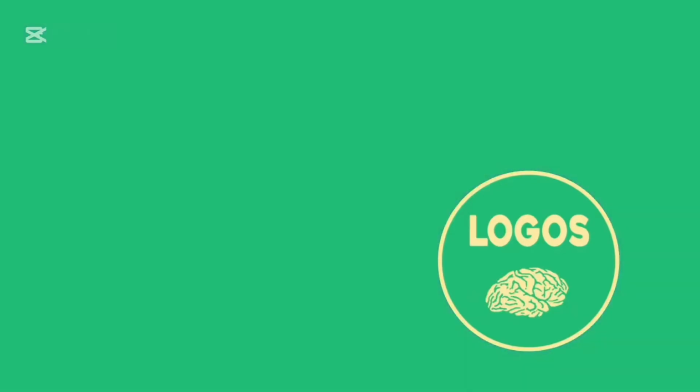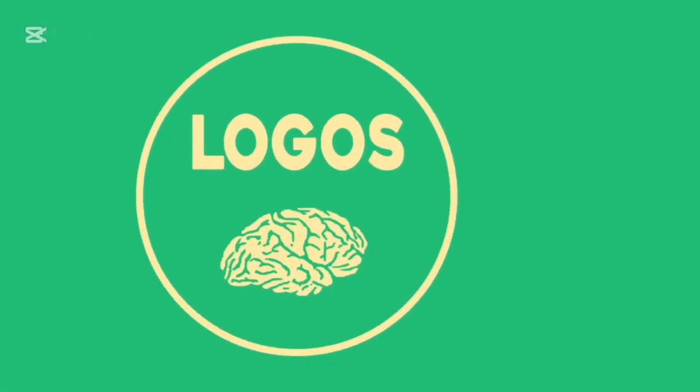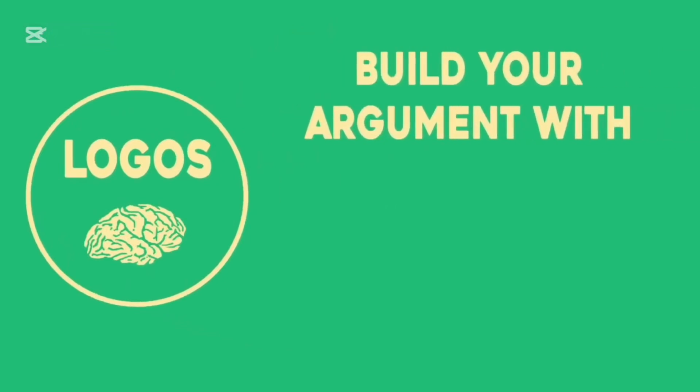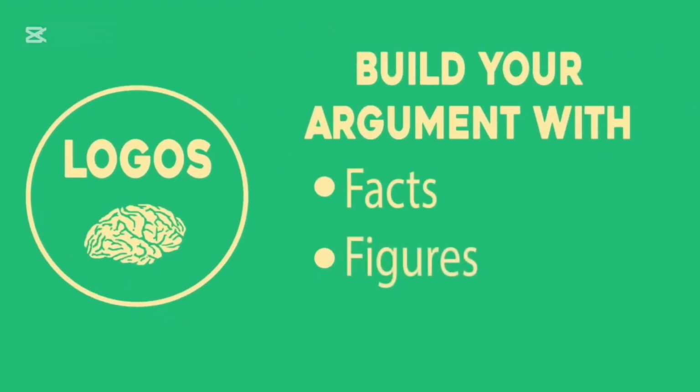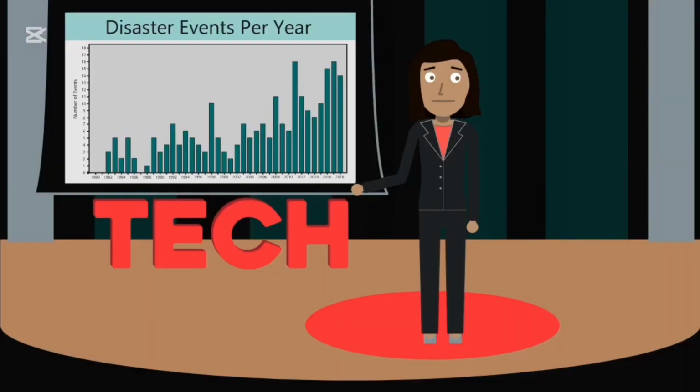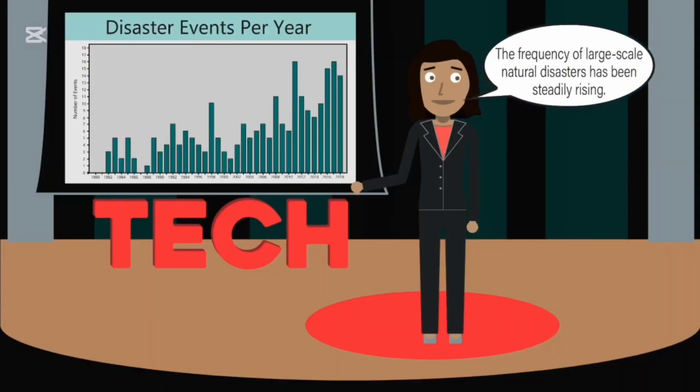Academics can support their arguments most effectively with logos, an appeal to logic and rationality, by building an argument with facts, figures, and well-thought-out reasoning. By appealing to the audience with logic, you draw your conclusions as rational, rendering the opposition less persuasive, sometimes even as irrational.